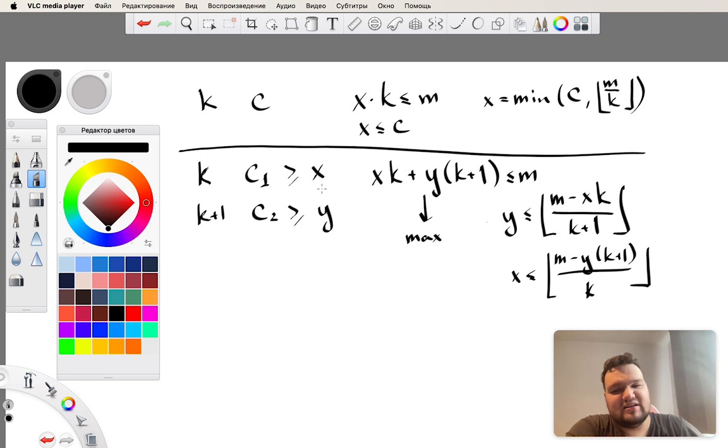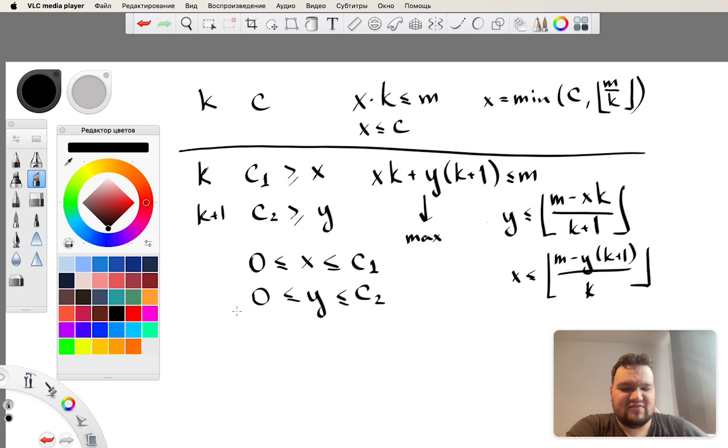So x and y are kind of sandwiched between those limitations, but we can individually consider all the cases where one of those inequalities is actually an equality.